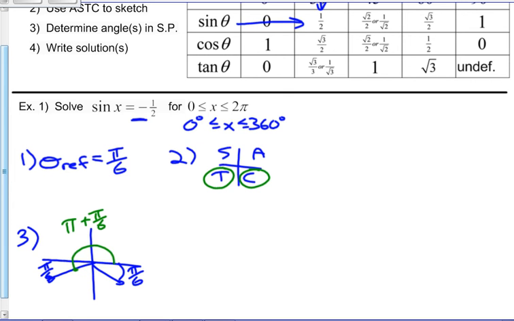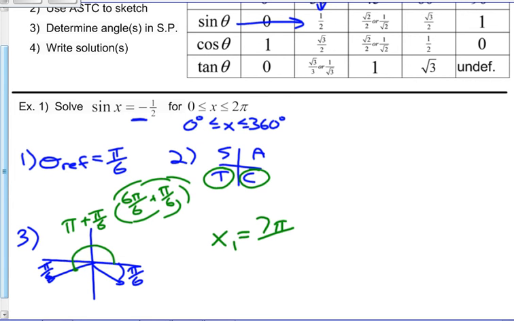That's my angle. Which is the same as, convert to a common denominator, 6 pi over 6 plus pi over 6. Okay, 1 pi would be 6 pi over 6. That gives us our first solution, 7 pi over 6, which corresponds to 210 degrees.